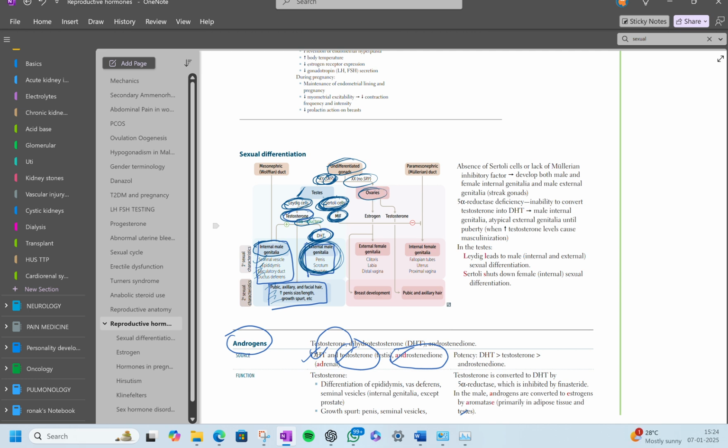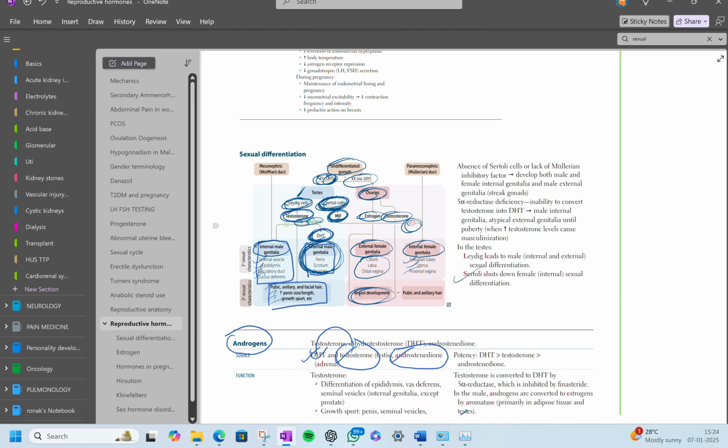In the ovaries, if it is female, then the ovaries produce estrogen, and this estrogen causes the external female genitalia development, clitoris, labia, and breast development. Whereas absence of testosterone and absence of Mullerian inhibiting factor by default will produce internal female genitalia, the fallopian tube.